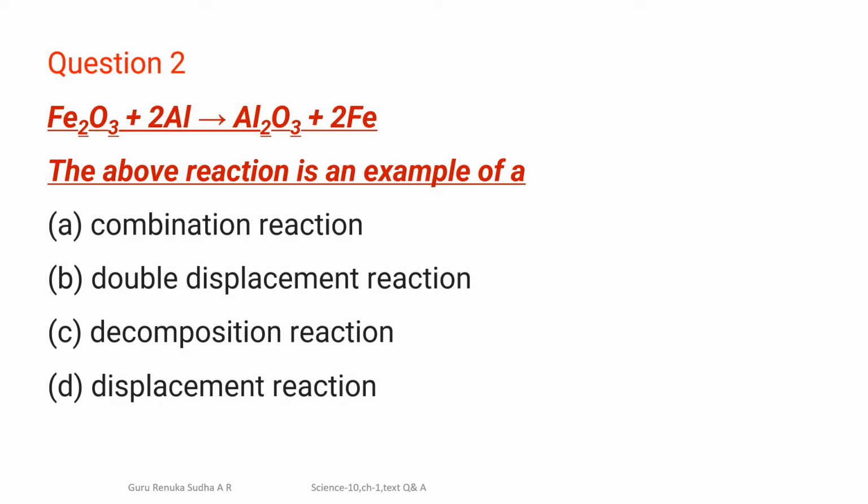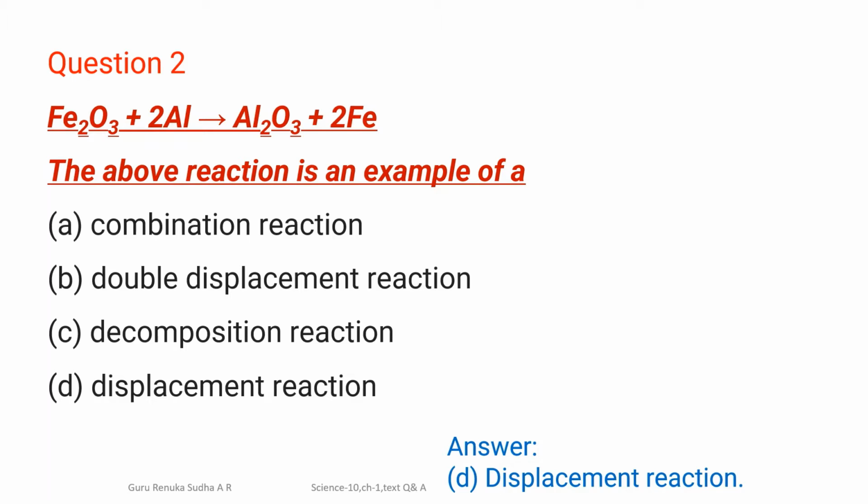One element has replaced another or changed its position. So the answer is displacement reaction. Yes, displacement of oxygen we are seeing. Ferric oxide gets converted into aluminum oxide. Like that. Let us move on to the third question.